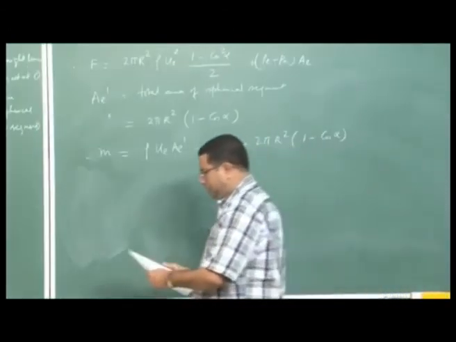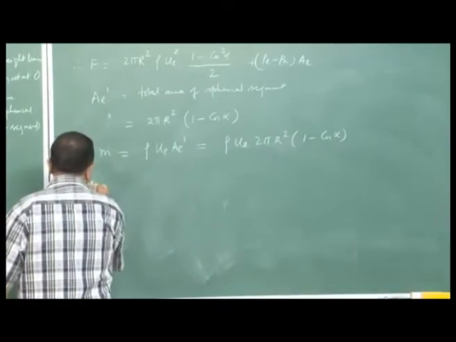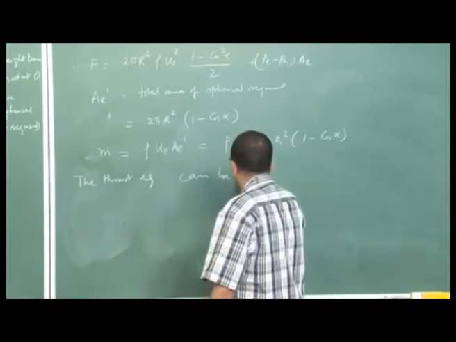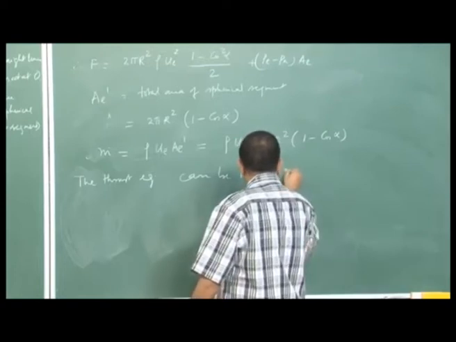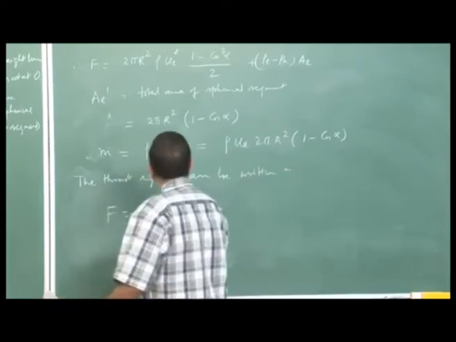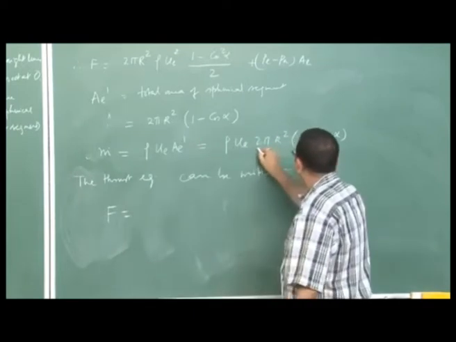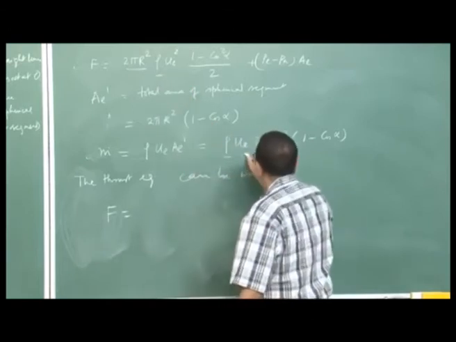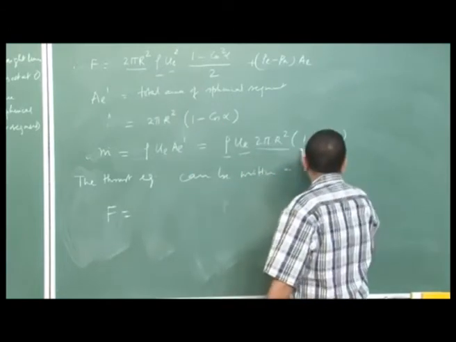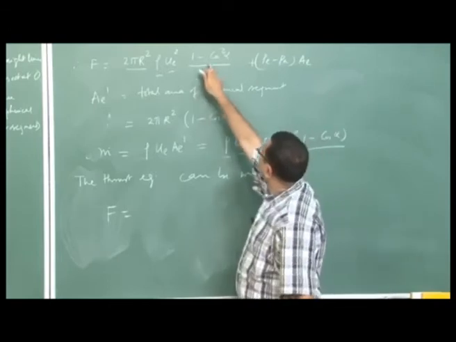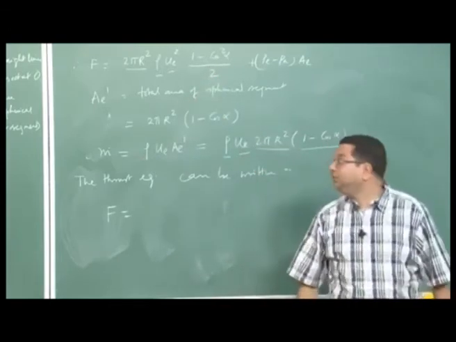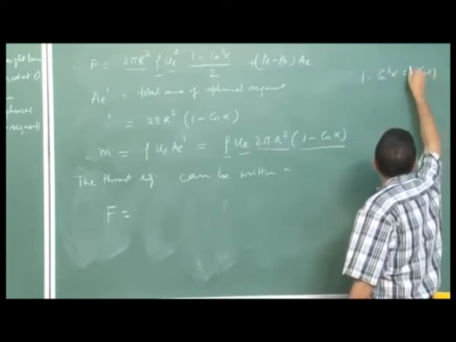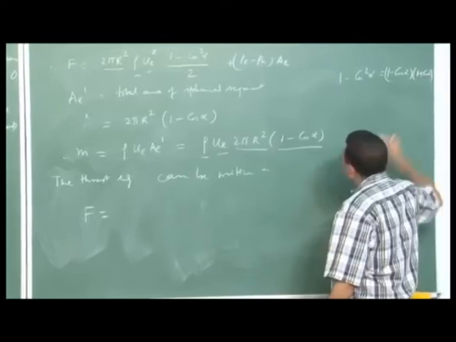The thrust equation can be written as F. Let us see: I have 2 pi r square, I have rho, I have u e, and I have 1 minus cos alpha, and this is 1 minus cos square alpha. 1 minus cos square alpha can be written as 1 minus cos alpha times 1 plus cos alpha.